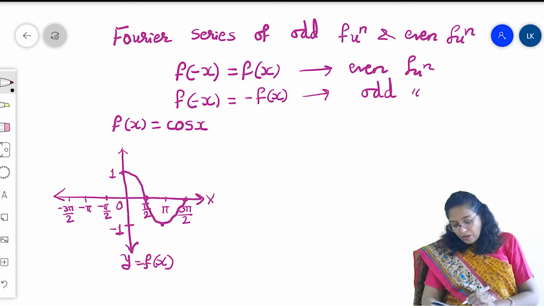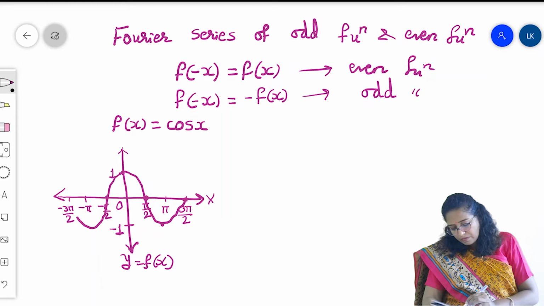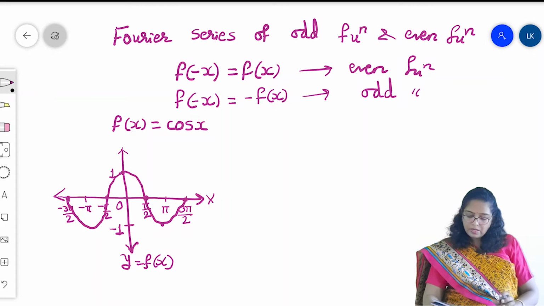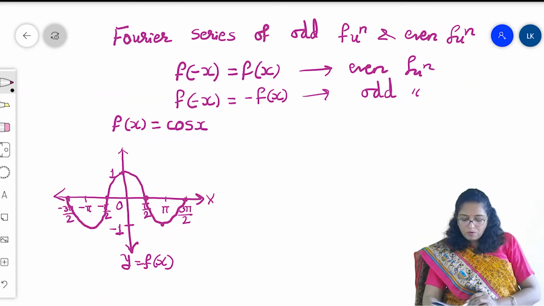Similarly, on the left hand side, we know cos of minus pi by 2 is 0, cos of minus pi is minus 1 and cos of minus 3 pi by 2 is 0.